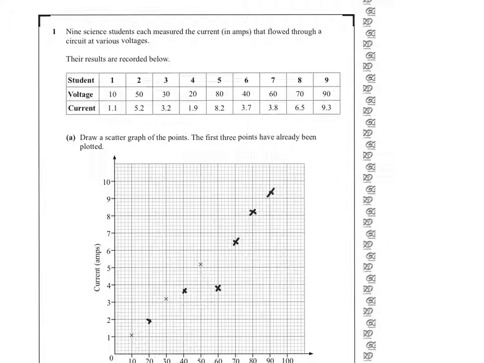We're asked to identify the student who may have taken an incorrect reading, and this one seems to be out. So that's the 63.8, so that is student 7.